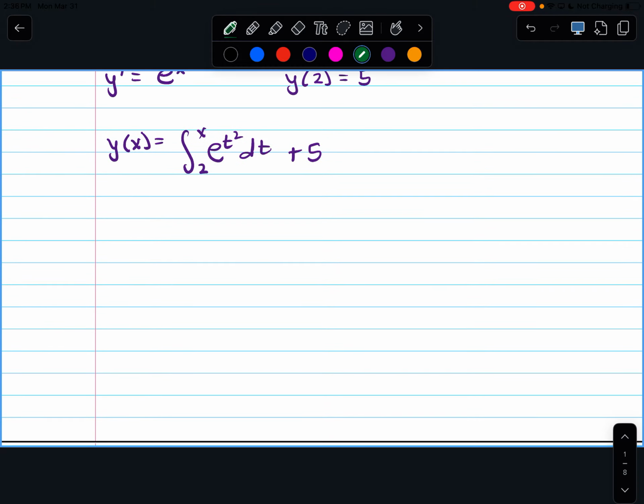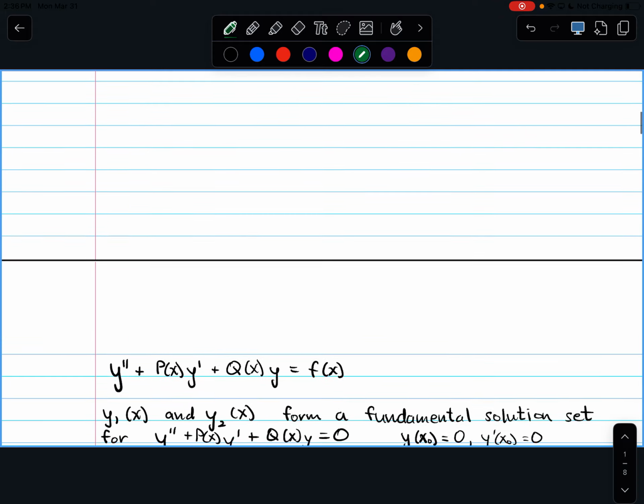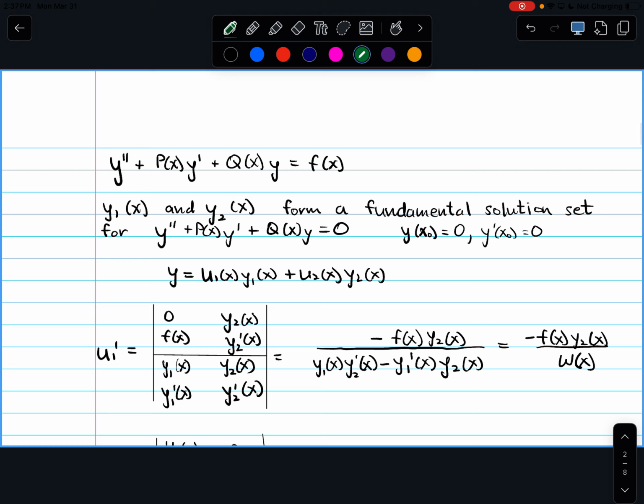Now, what we're going to look at today is Green's functions, and we're going to derive the formula for Green's functions from variation of parameters. We've worked with that before.